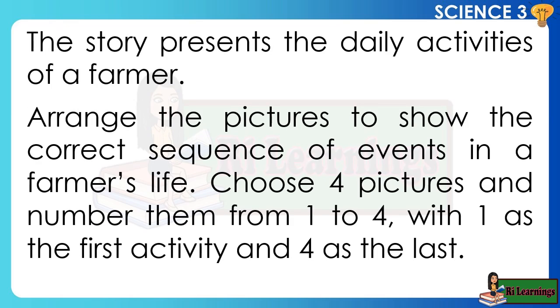The story presents the daily activities of a farmer. Arrange the pictures to show the correct sequence of events in a farmer's life. Choose 4 pictures and number them from 1 to 4, with 1 as the first activity and 4 as the last.